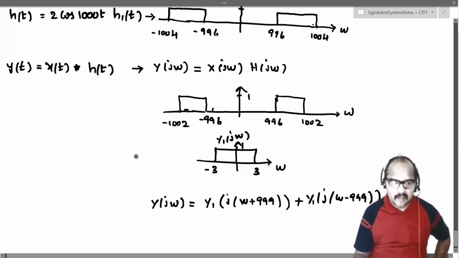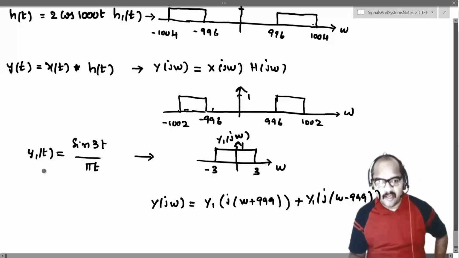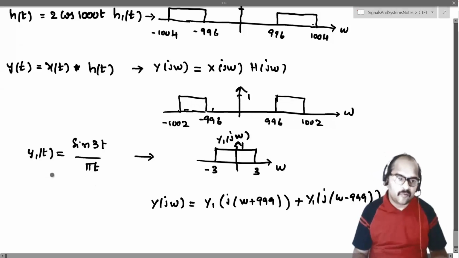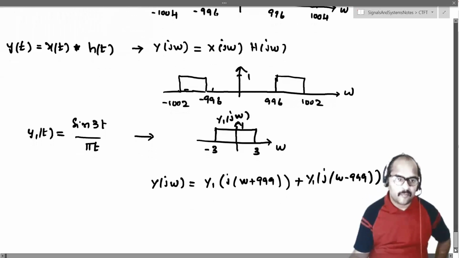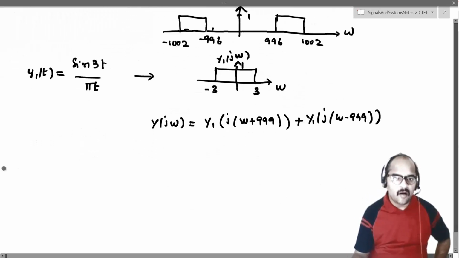So what is the corresponding signal which will have this rectangle as a Fourier transform? Let us call that y1 of t, which is equal to sin(Wt)/(pi t), which is sin 3t divided by pi t. We got y1 of t, but we don't want that. We want y of t. So how do you get the shifting in the frequency domain? You have to multiply with cos omega naught t. So what is omega naught? It is 999.